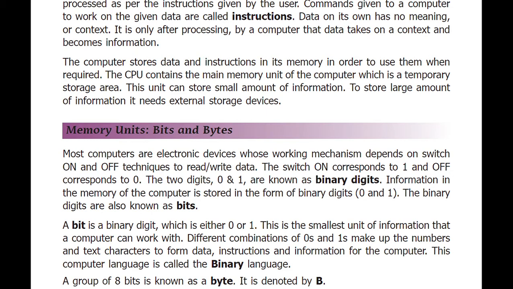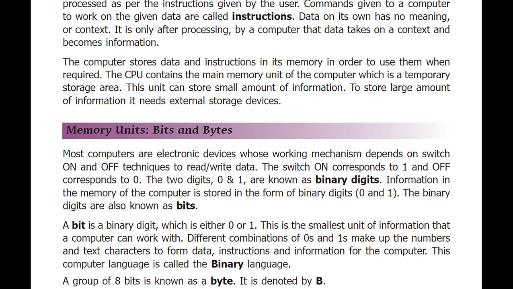So this computer can understand only two digits internally, 0 and 1. 0 and 1 mean binary digits. You might have studied binary numbers in mathematics, right? So 0 and 1 are binary digits. The information that goes into the memory of the computer is finally saved in the form of binary digits 0 and 1.